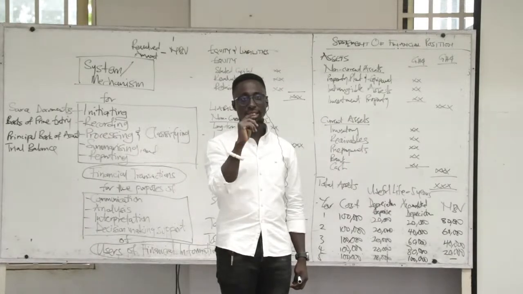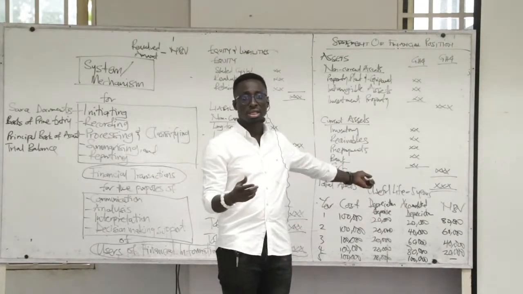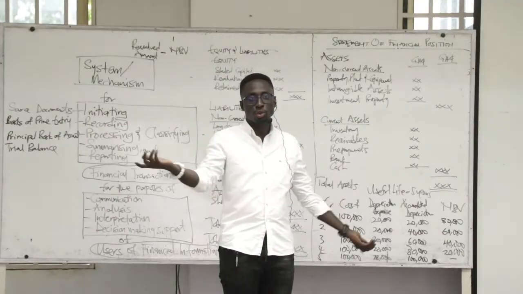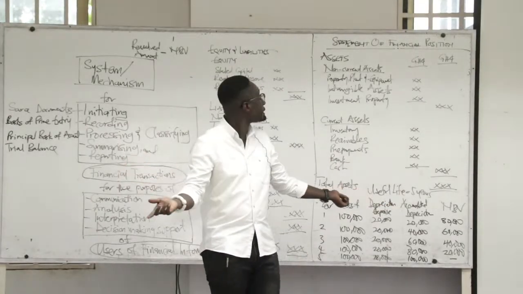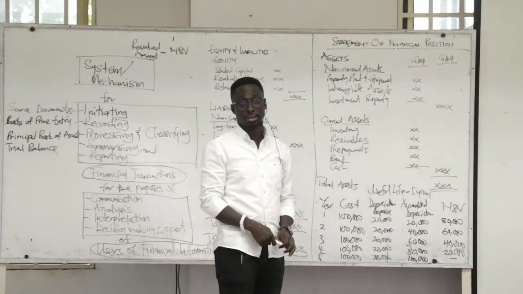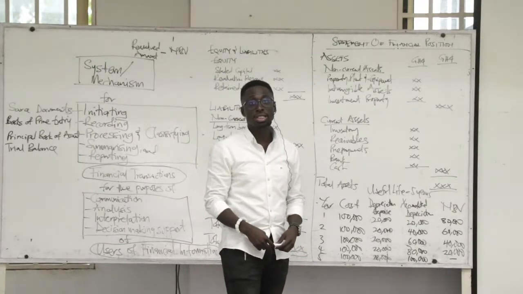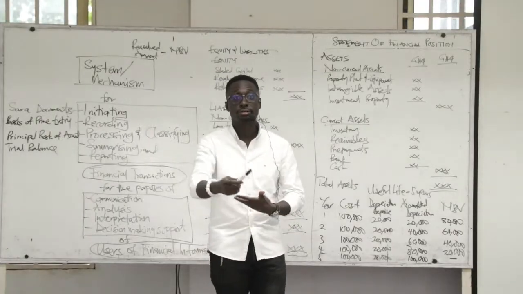it became clear that depending on which industry you are even operating in, there are certain assets or liabilities you won't have. For instance, if you are a bank or a financial institution, you are not into trading.